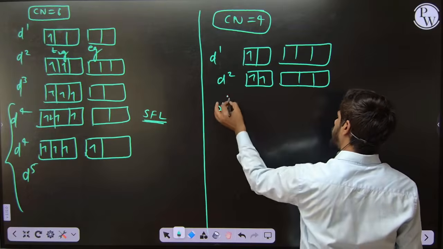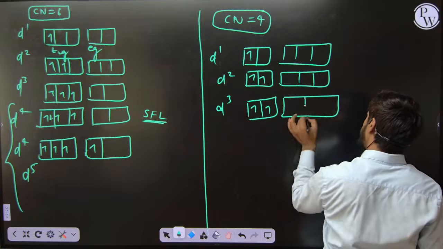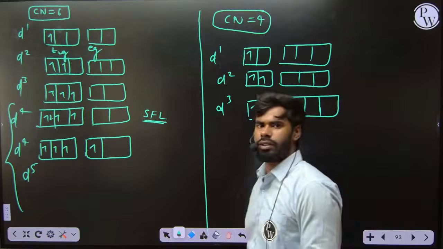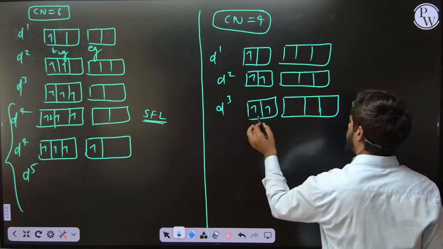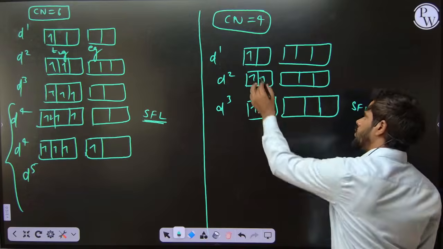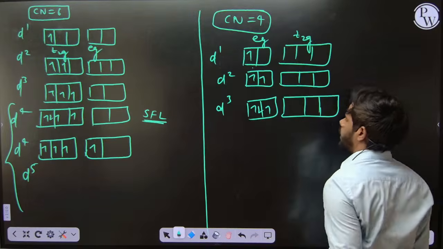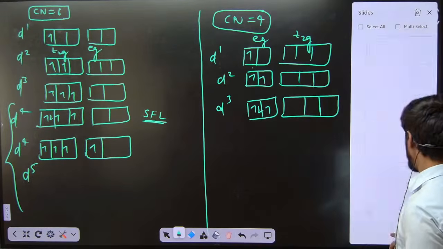In case of 3 electrons there is a possibility of pairing or not pairing. So it depends on whether it is a strong field ligand or a weak field ligand. If it is a strong field ligand, pairing will be done and the third electron will go into the eg. This is eg and this is t2g. So this way we can do the configuration of complexes.